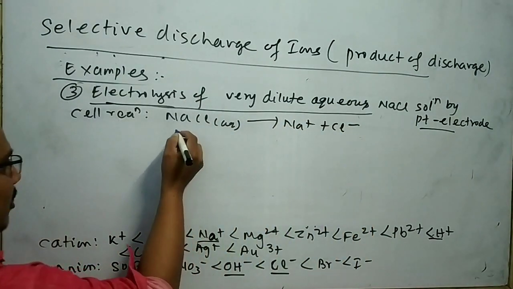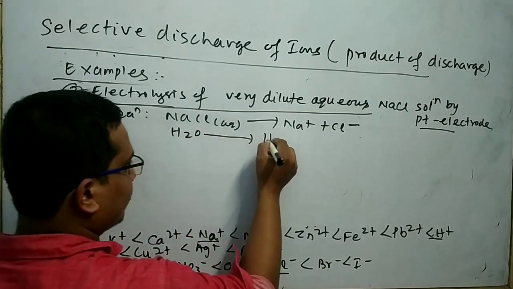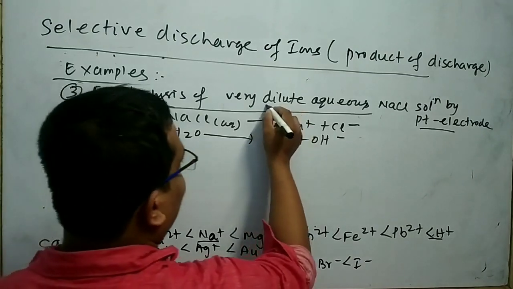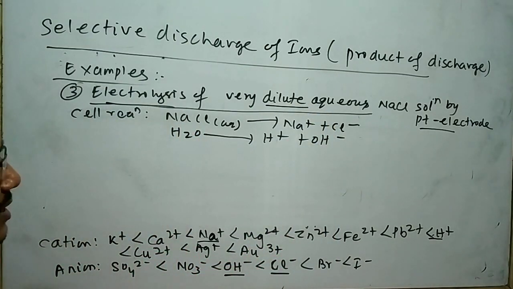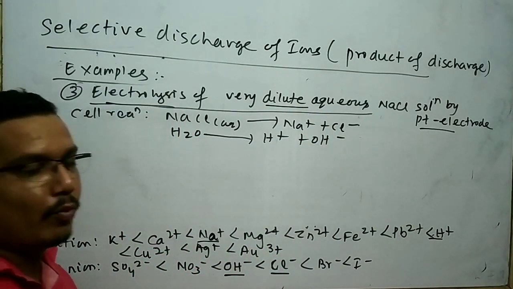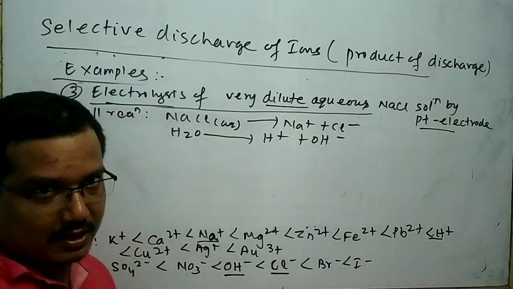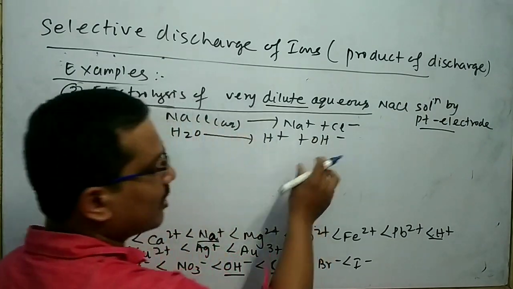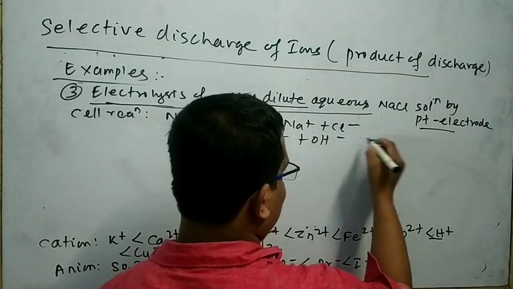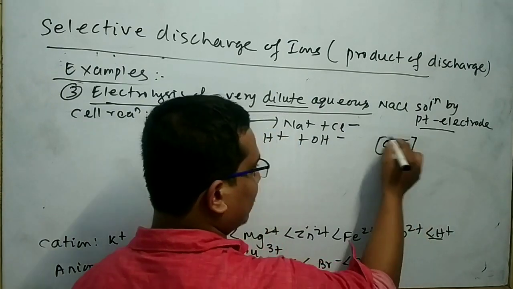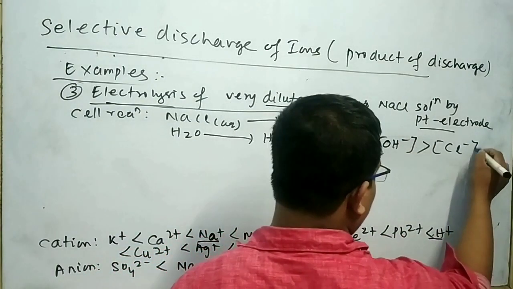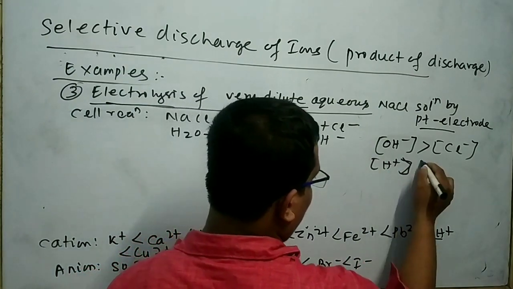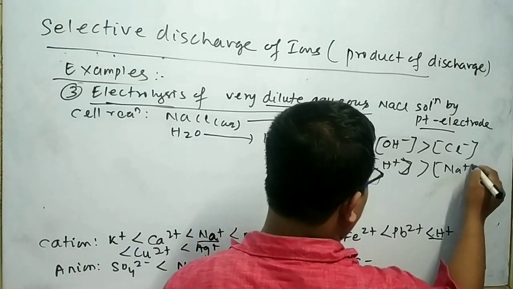Another is H2O gives H⁺ plus OH⁻. Since dilute aqueous NaCl is written, more water is present. As a result, more H⁺ and more OH⁻ are formed. In this case, the concentration of OH⁻ is more than the concentration of Cl⁻, and the concentration of H⁺ is more than the concentration of Na⁺.